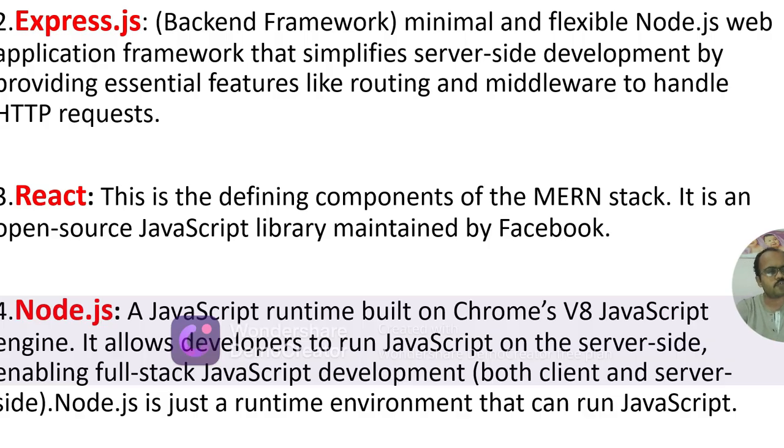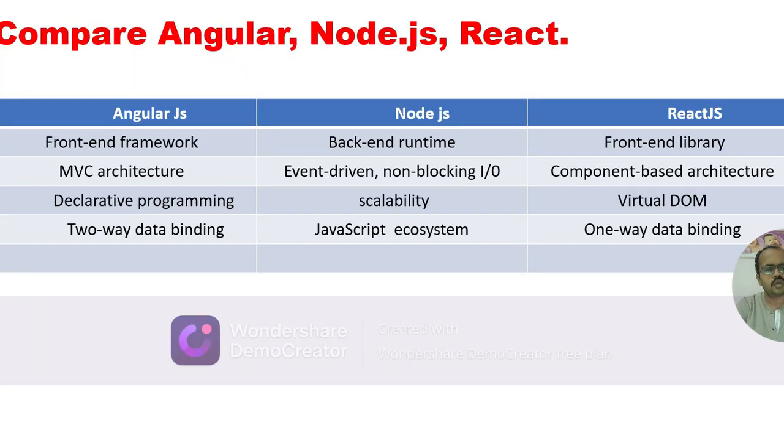It is open source and can be downloaded for your operating system from the official website. Along with it comes Node Package Manager, NPM, to install any dependencies. I'll show how we can work with it.